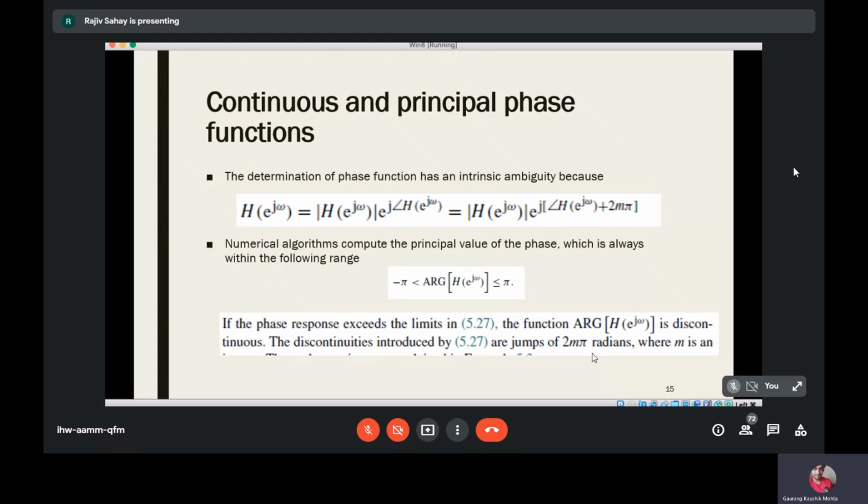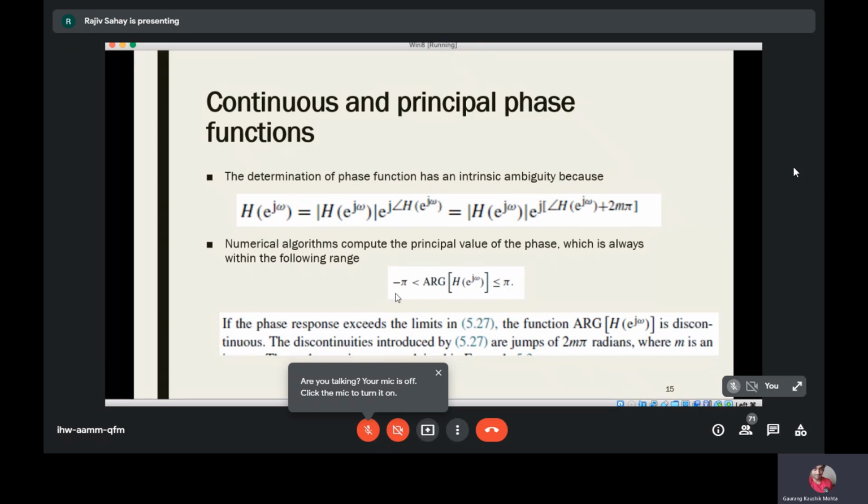Generally, when we want to take integrals or derivatives, we will assume continuous phase, that is phase going from minus infinity to plus infinity. The principal value of the phase is between minus pi and plus pi, and after pi, up to 3 pi, you will have the same function repeating, but with a jump discontinuity of 2n pi at pi and at minus pi.